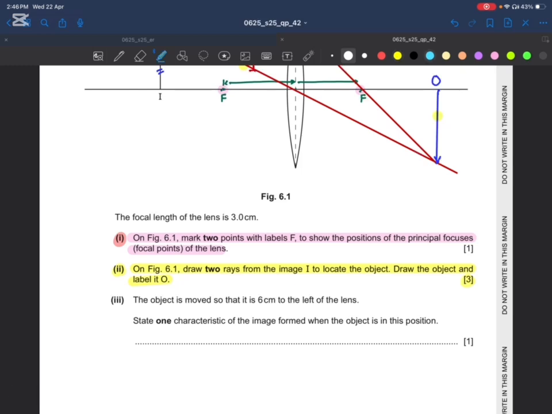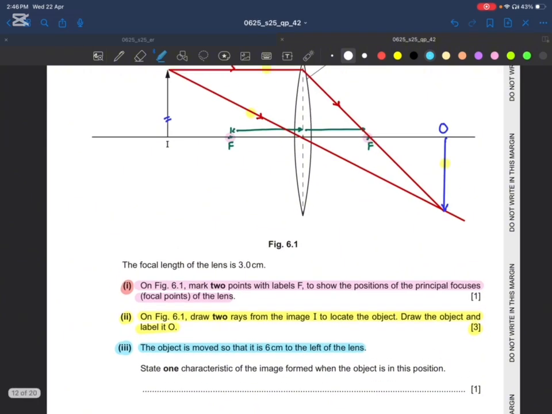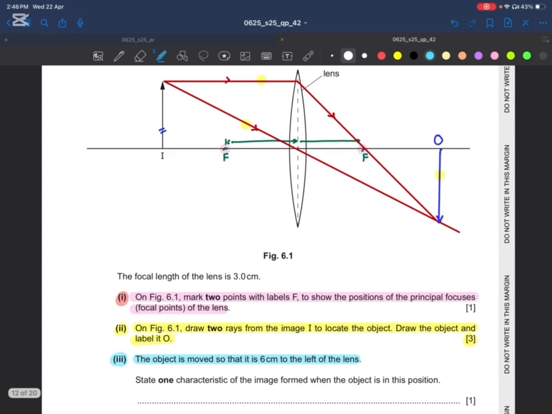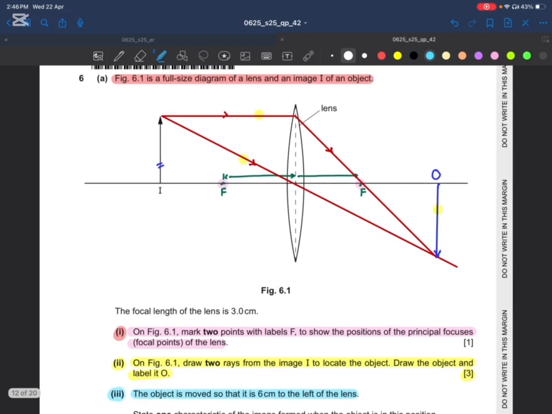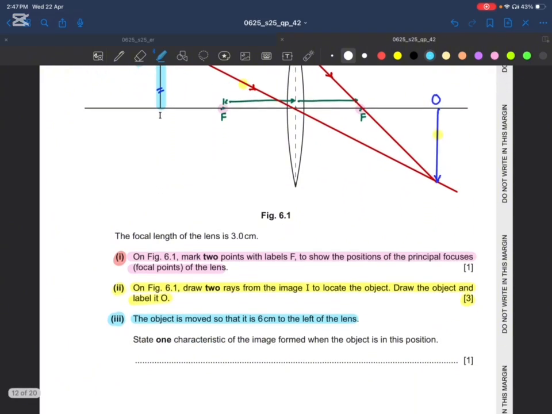Part 3 of this question: the object is moved so that it is 6 centimeter to the left of the lens. That is, now they are saying that instead of this position for the image, here you have the object, then what will happen?